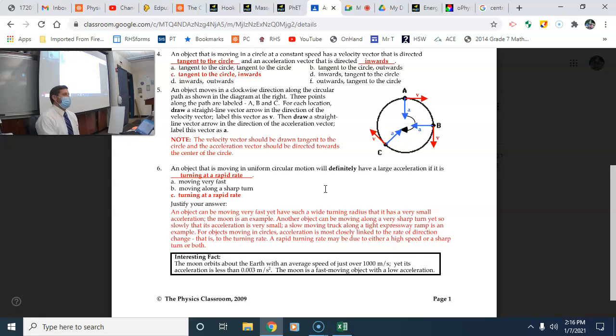You could be going really fast in a car, like on the highway, 70-some miles per hour maybe, or more. But you're not in a whole lot of danger of high accelerations on the highway because the turns are really large radius. So if you have a high speed, that doesn't guarantee you're going to have a high acceleration, because if the radius is real large, you still won't.